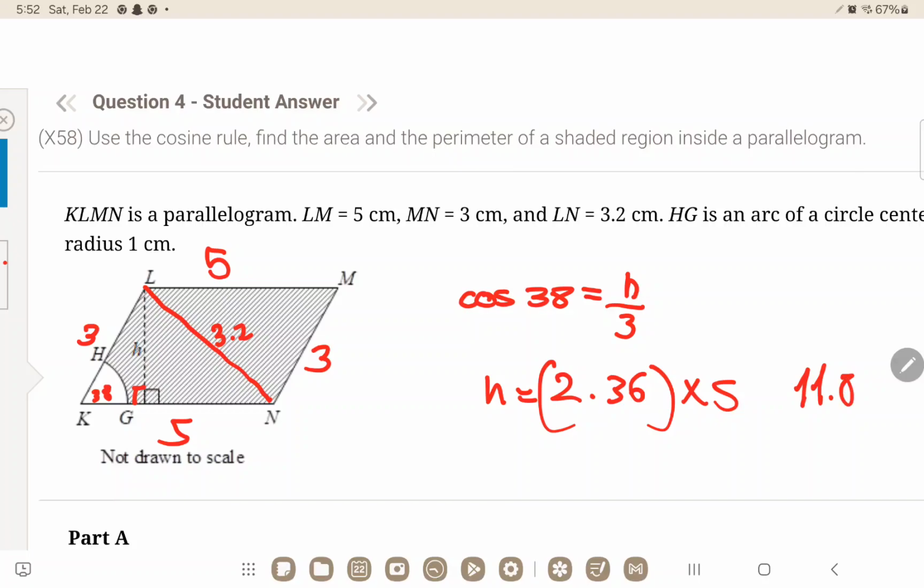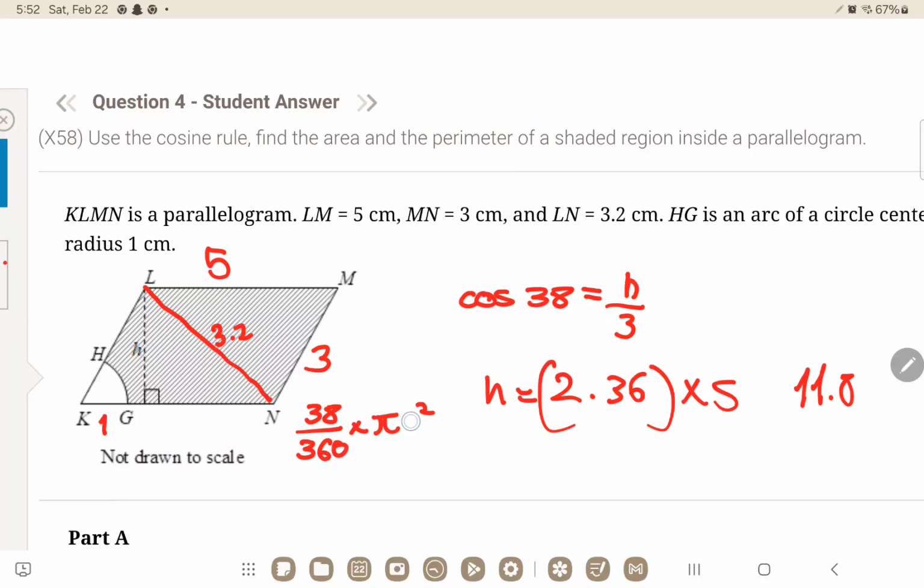Now, what we're gonna do is, we need to find the area of this little sector. Now we know that the area of a sector is the angle over 360 times pi r squared.